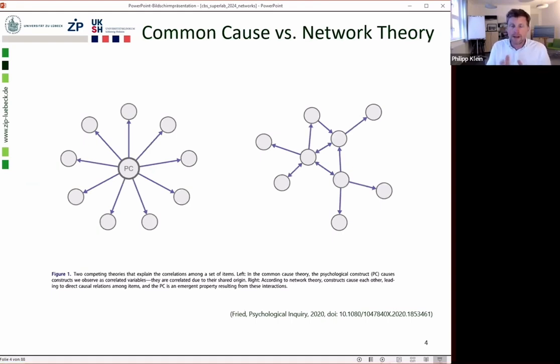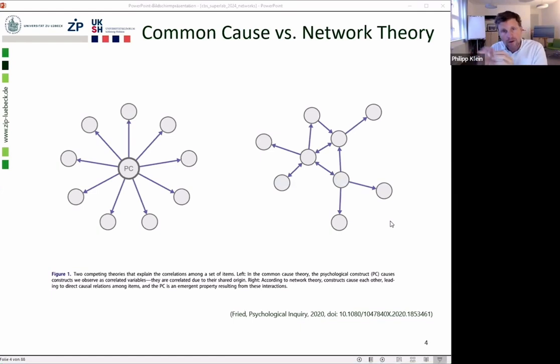Now, most of us in mental health have been brought up with the common cause theory of mental disorder, which briefly posits that symptoms are due to a disorder, which in turn has a cause, and we have to address the cause so the disorder will improve and the symptoms will disappear. That's how we have been conditioned to think.